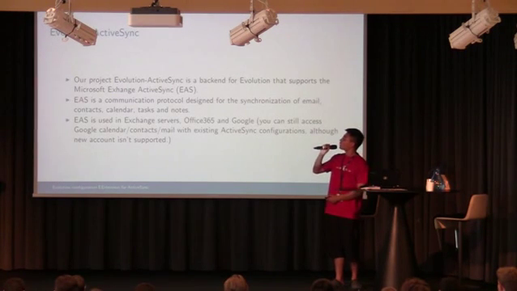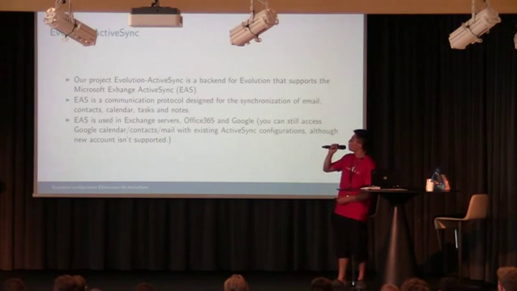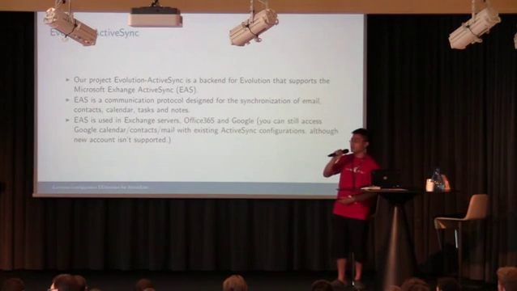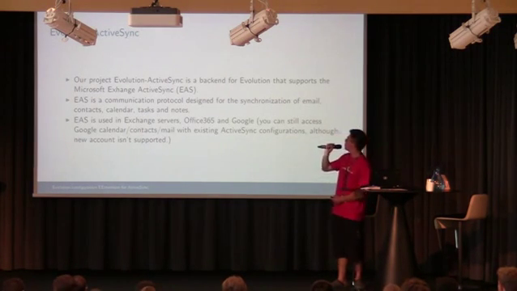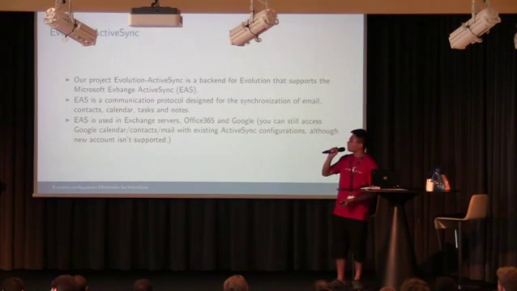First about our project, Evolution ActiveSync. It's a backend for Evolution that supports Microsoft Exchange ActiveSync. It's a kind of protocol that does the synchronization of many things like emails, contacts, and so on, and it is largely used.